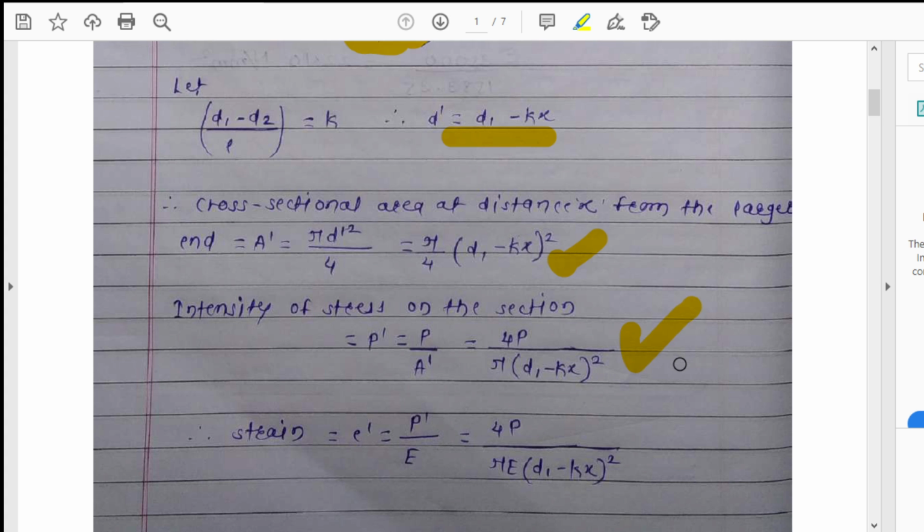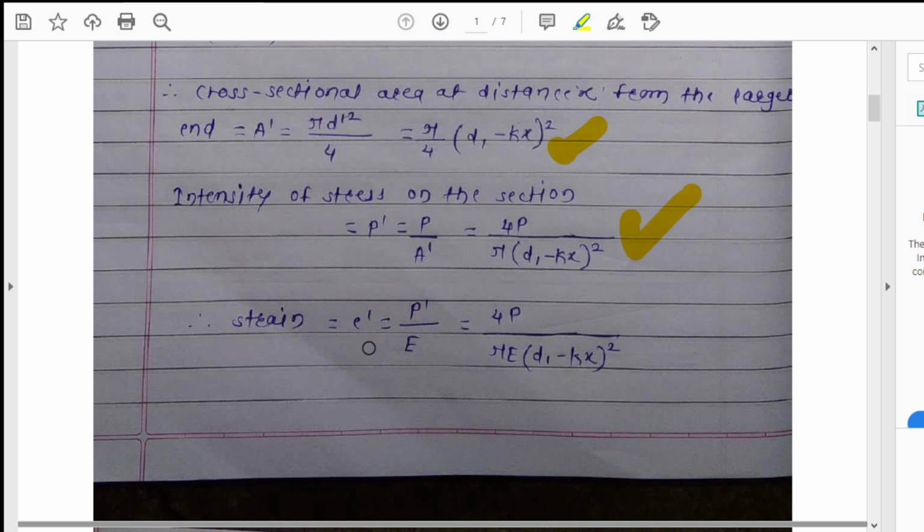Now from stress intensity we can find the strain by using the Young's modulus equation.